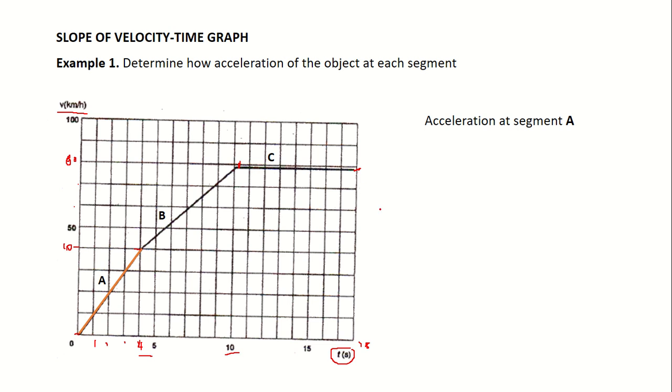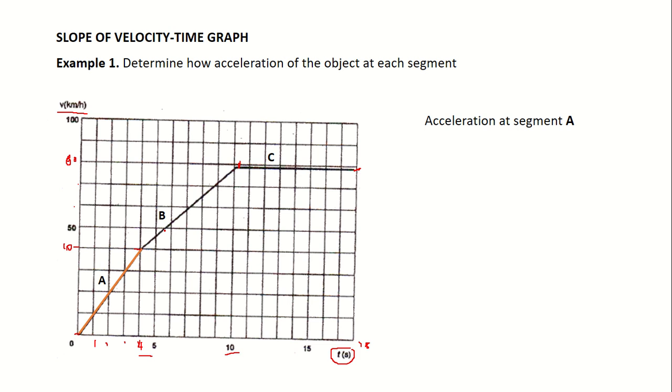So before I solve, where am I fastest in this particular graph? Which segment was I fastest? Or my change in speed? Where did I change more rapidly, and then where did I change my speed more slowly?